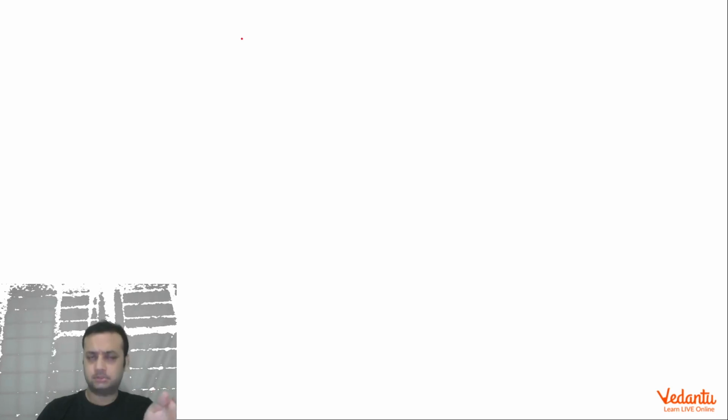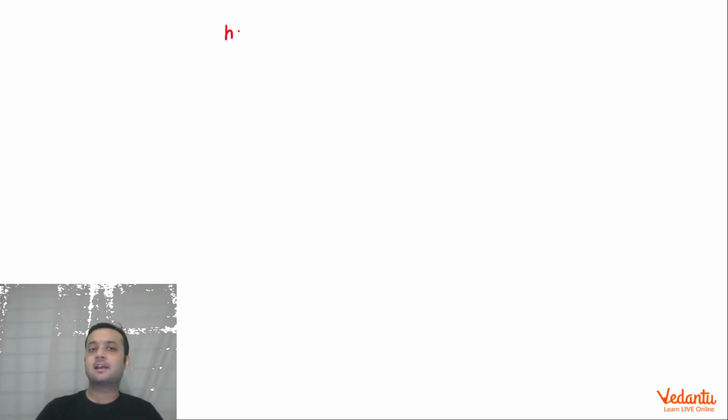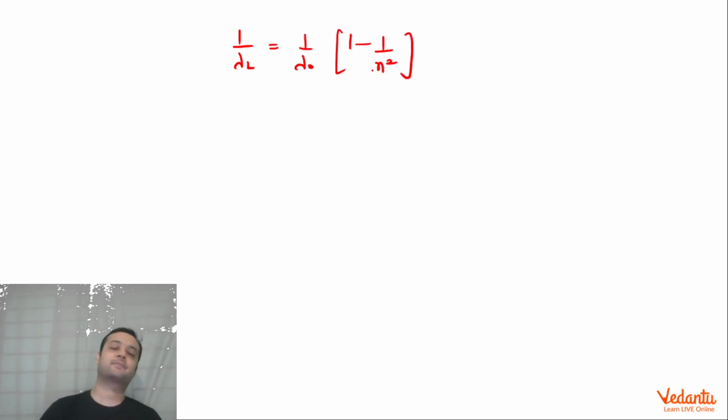For the Lyman series, when the transition happens from general n to 1, we can say that 1 upon lambda of Lyman is equal to 1 upon lambda naught into 1 minus 1 upon n square, right?